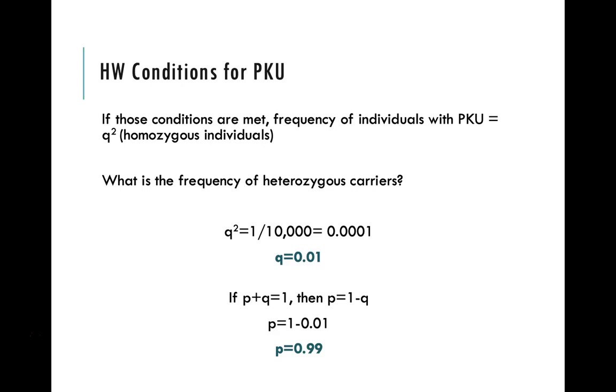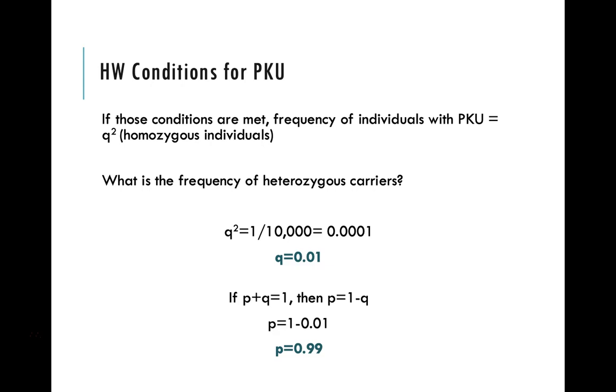We'll continue. All right, so we are going to use the information that 1 in 10,000 individuals has this disorder in order to calculate our allele frequency. So remember, if all of our Hardy-Weinberg conditions are met, we can use this Hardy-Weinberg equation.